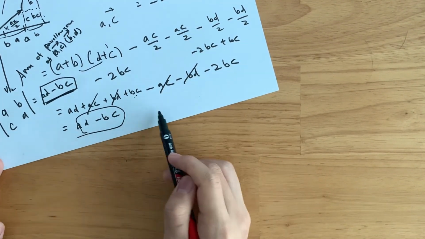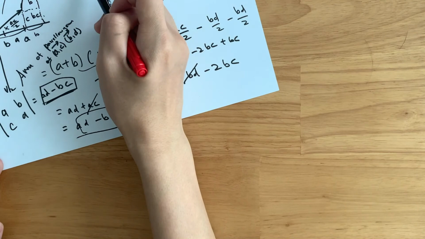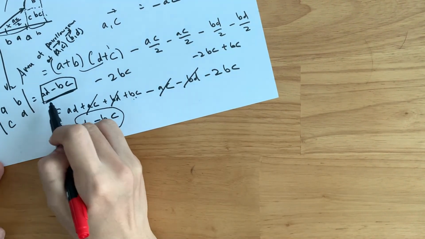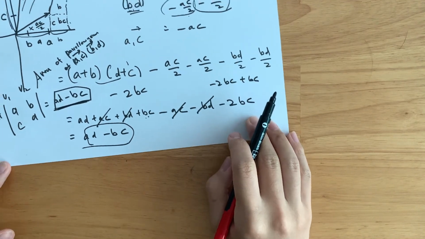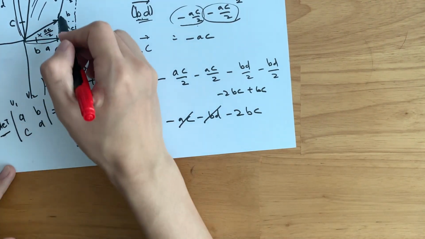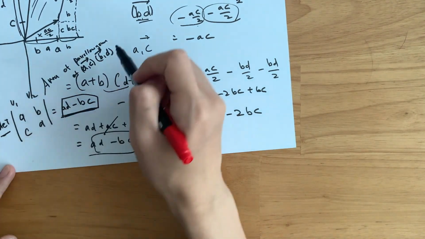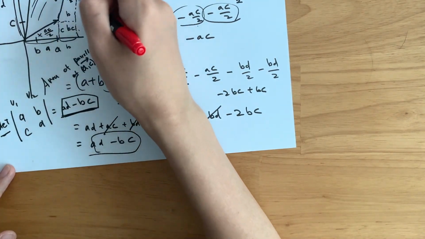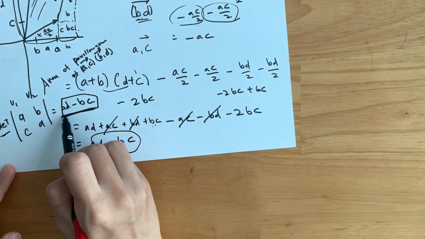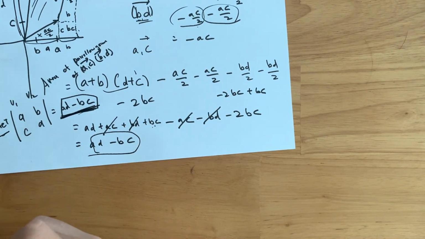We proved it for any vectors AC and BD. So we proved that for two-dimensional vectors, when they form a parallelogram, the area will be AD minus BC.